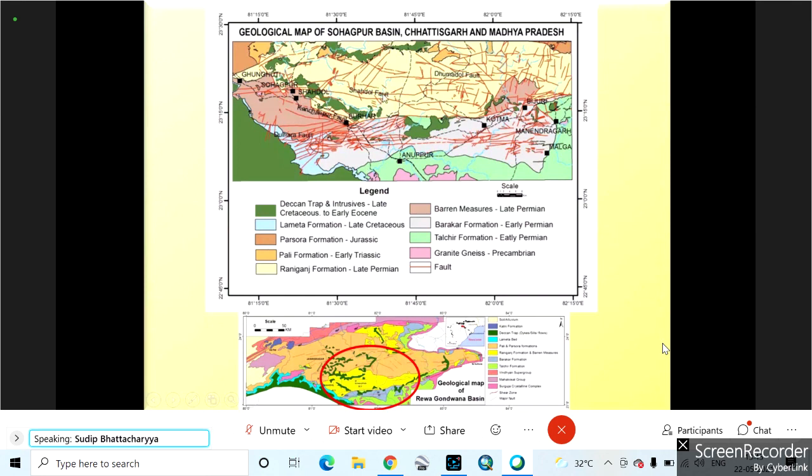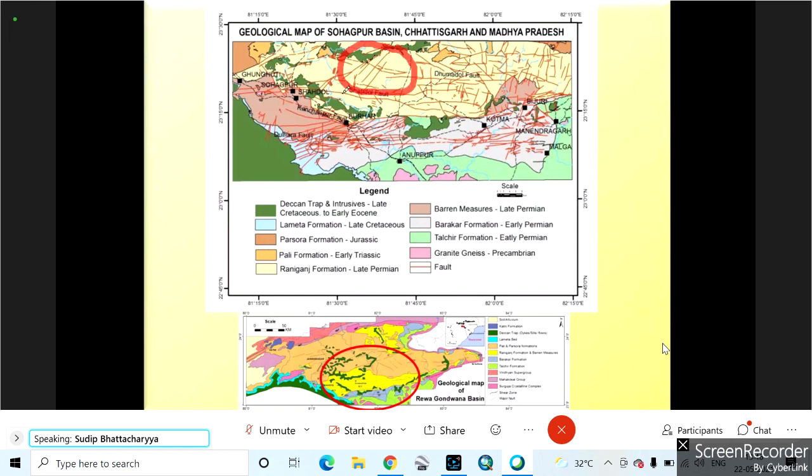I have worked on the Sohagpur coalfield from west to east and got 6 reports from there, but nowhere have we got this much. Another thing I want to share: in this project, USGS, the United States Geological Survey, was associated with me for 3 years, and we did tremendous high-resolution work, and nowhere did we get this much thermal maturity.